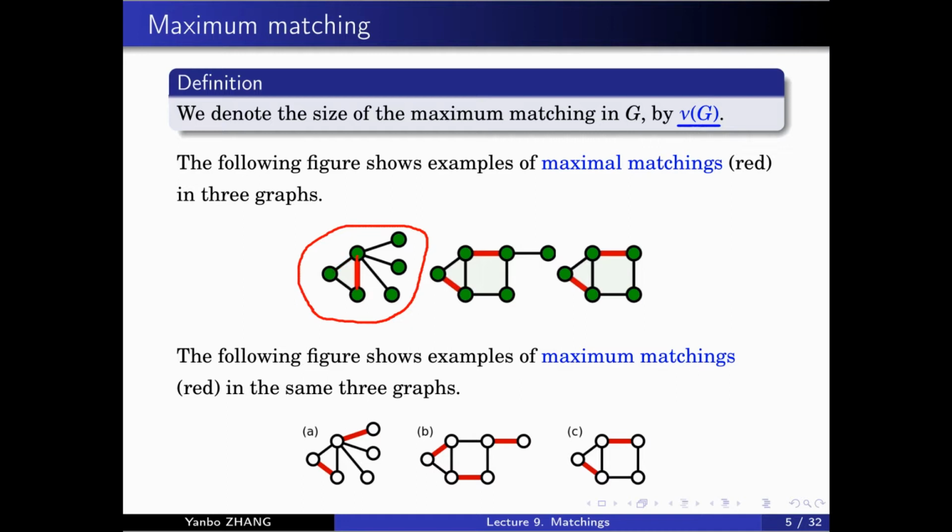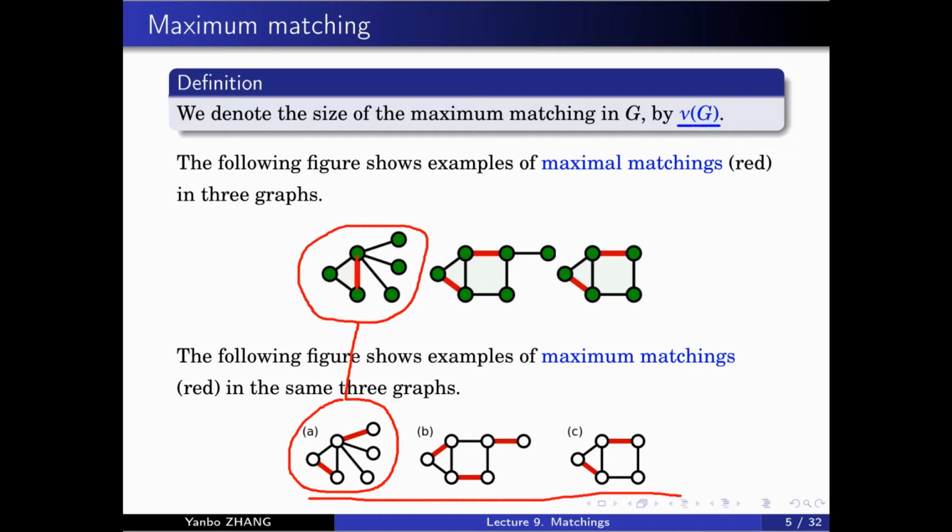The following figure shows examples of maximum matchings in the same 3 graphs. So this one red edge forms a matching, but is not a maximum matching. We can find a maximum matching with 2 edges in the same graph.